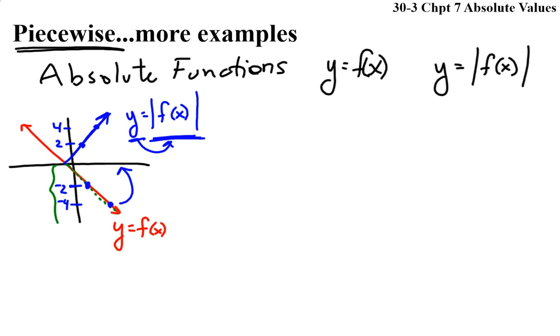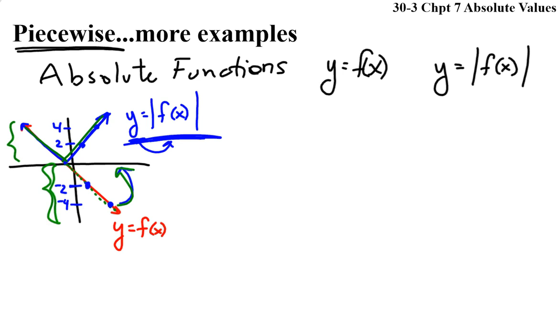So we then have our y equal to the absolute f of x, where part of the graph stays the same, but all of this negative portion has to be reflected up so that all the y values are now positive.